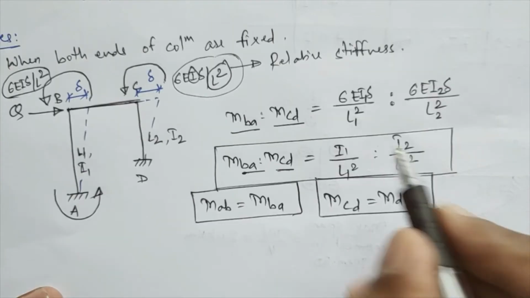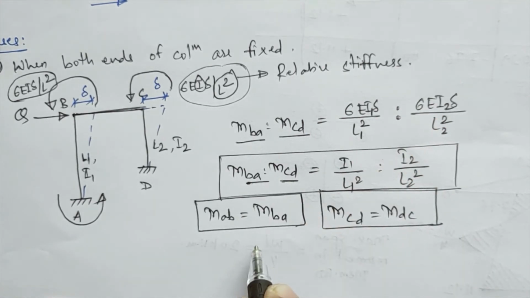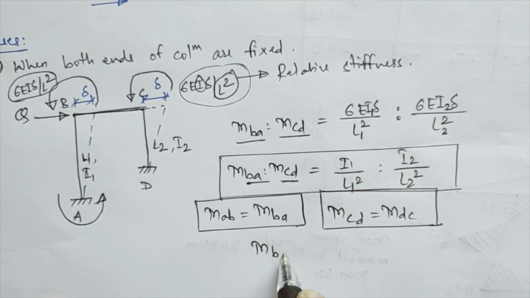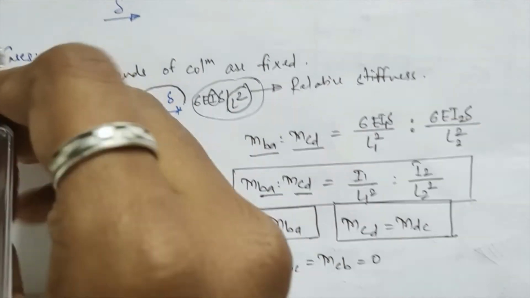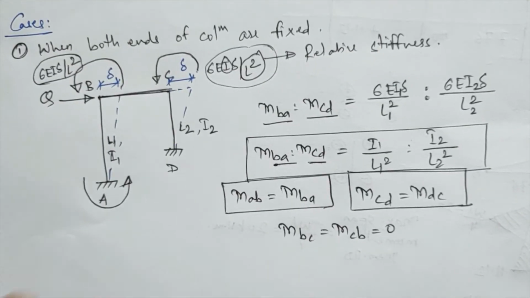So in carrying out the sway stiffness factors, if you have horizontal members, you have to treat the moments MBC and MCB directly as equal to 0. In all the cases, that is case number 1, 2 and 3, if your members are horizontal, you have to treat those members' moments as equal to 0 directly.